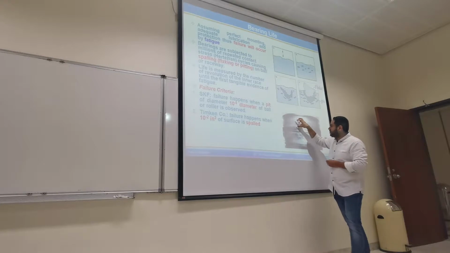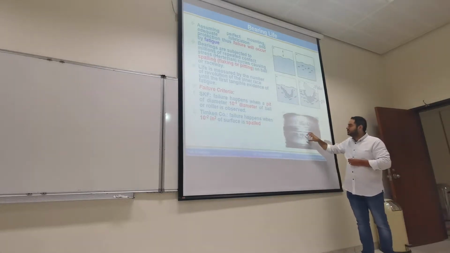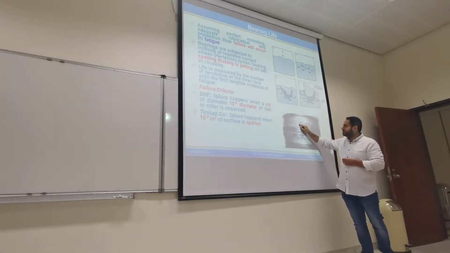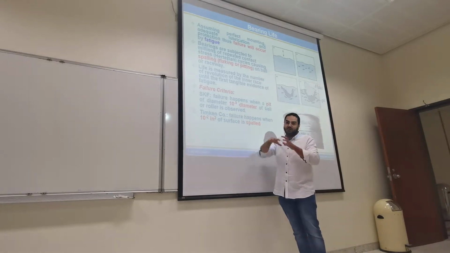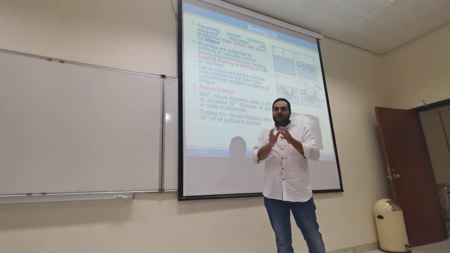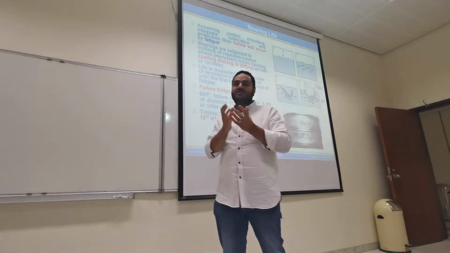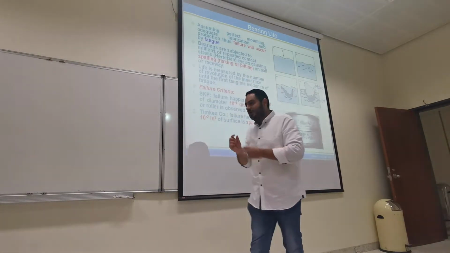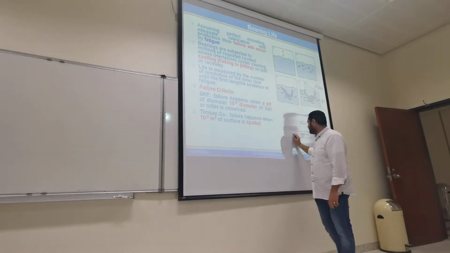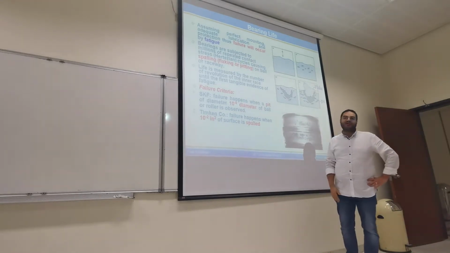So there are rollers here. When they look at the pit generated, if the diameter of that pit is around 10 to the minus 4 of the roller diameter, if you have a ball bearing, maybe the ball has, let's say, 10 millimeter diameter, times 10 to the minus 4 of that, if they find this much of defect, they will consider the bearing failed.